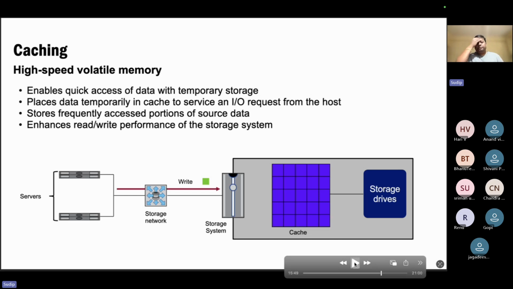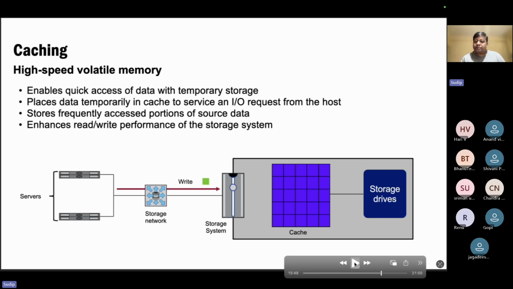Now, this write operation reaches which part of the storage system? Is it front end or the back end, boys and girls? Ranjan, correct. It reaches the front end. Absolutely right. Now, which ports of the storage system will get connected to the storage network?